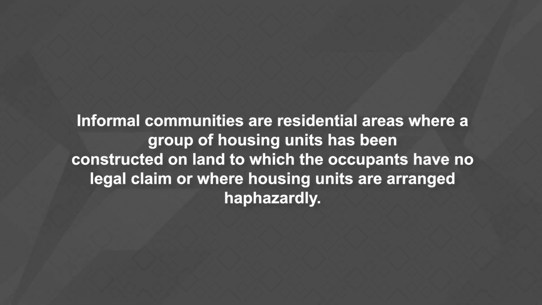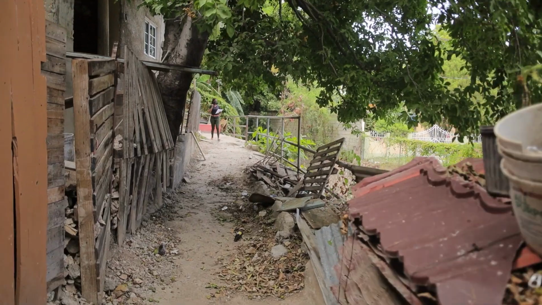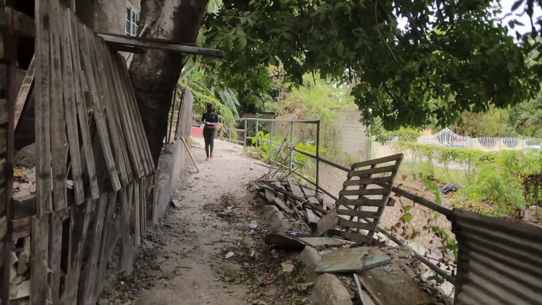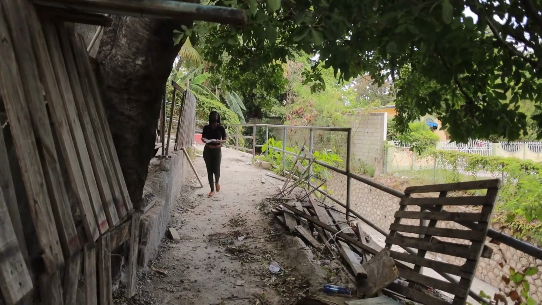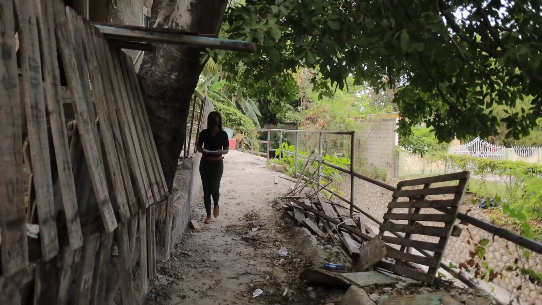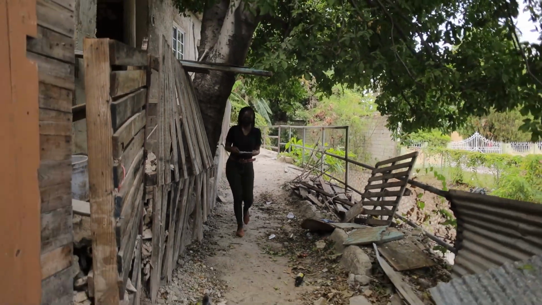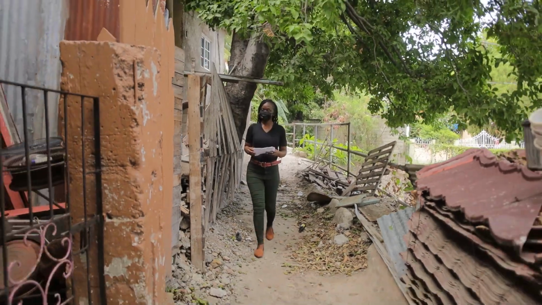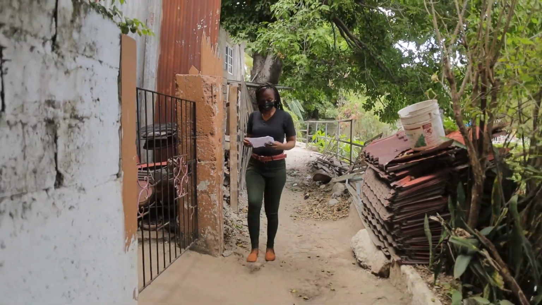Informal communities are residential areas where a group of housing units has been constructed on land to which the occupants have no legal claim or where housing units are arranged haphazardly. These are often referred to as capture land. Again, list the housing units, dwellings, and households according to their location in that parcel, proceeding from front to back and/or right to left.